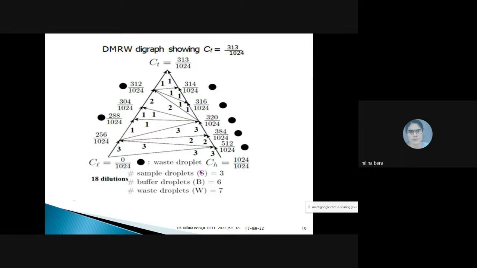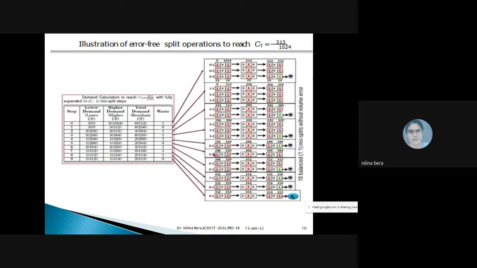After that, of the 6 drops of 512, 2 drops are propagated to the higher step to generate the second intermediate, 256, and another 2 drops give the third intermediate, 384. So when you create 6 drops, 5 drops are utilized, so we get 1 waste. This is the way we create the fully exploded diagram, with 7 different ways to create 7 waste droplets.